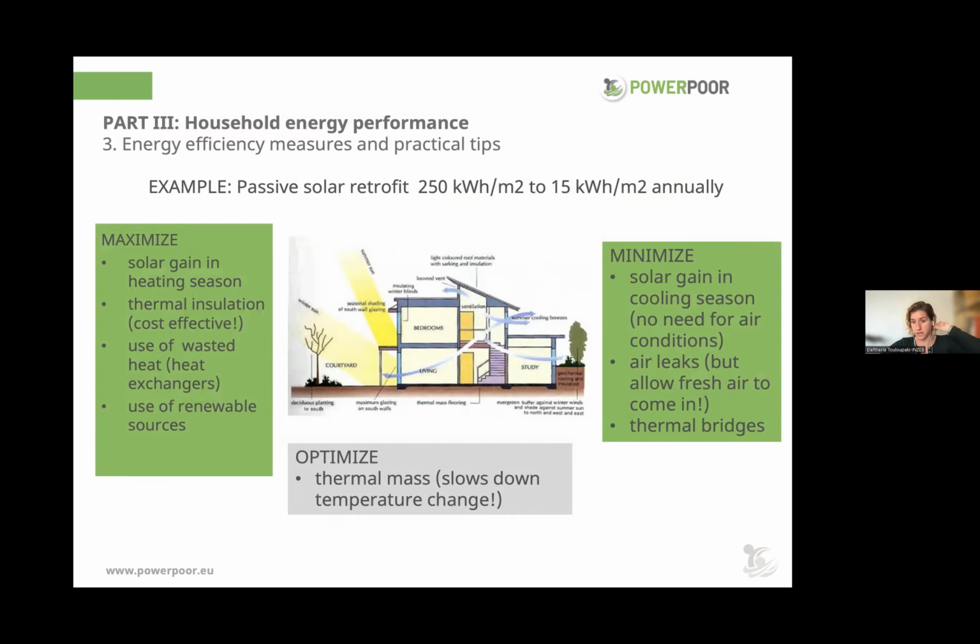And of course, we should try to minimize the solar gains in the cooling season, the air leaks, and the thermal bridges. And we should try to optimize the thermal mass that slows down the temperature change. And this is something that we want in a house.